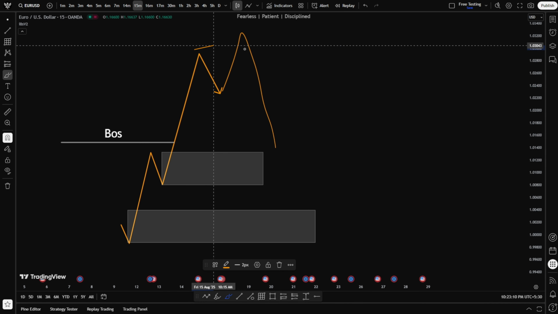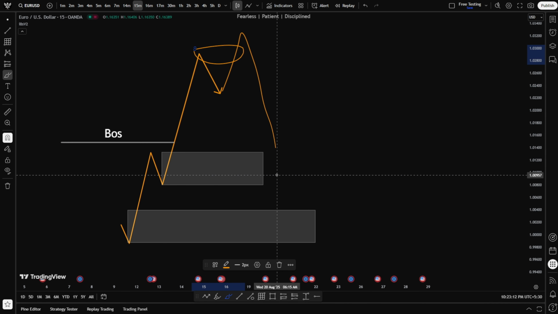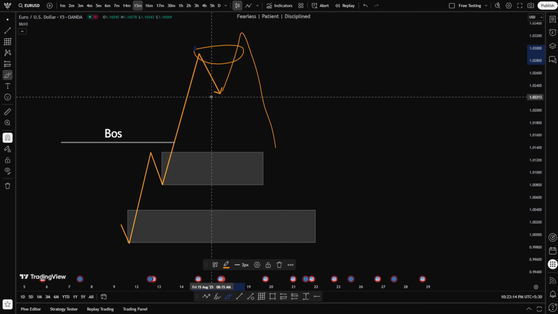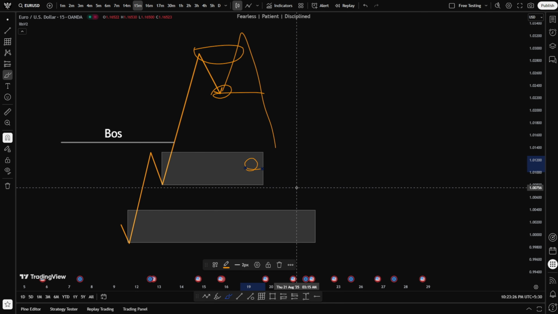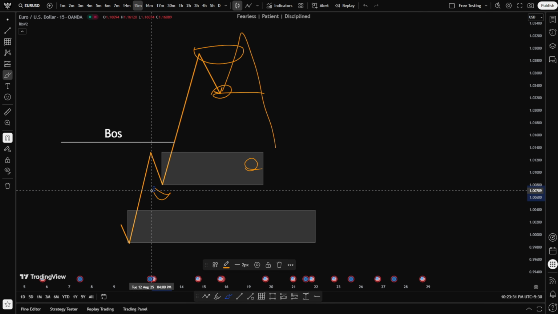The market has swept this high, which means it has already hunted the liquidity present right here. So now this order block's chances of winning increase. Can you take a limit entry right here? Actually you can, but there is still some liquidity present here. So what can you do? Simple, use different entry types. Use 1 minute confirmations. Use stop entries instead of limit entries. These are the ways you should actively adapt to the market situation.